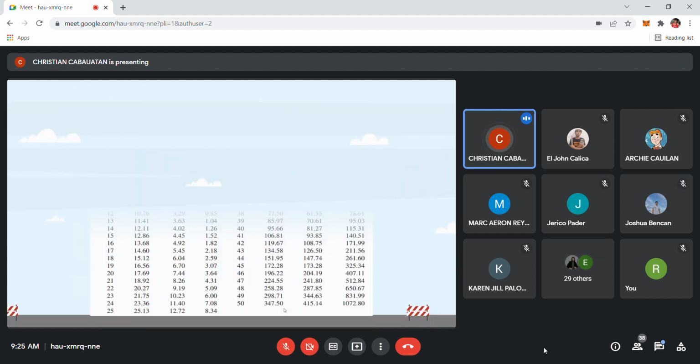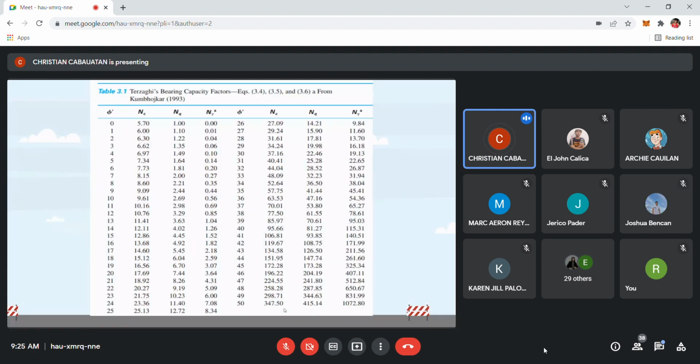So, this would be the data to determine the coefficients or the corresponding bearing capacities. Basta si phi, kapag given si phi, mahanap mo na si Nc, Nq, and N gamma.